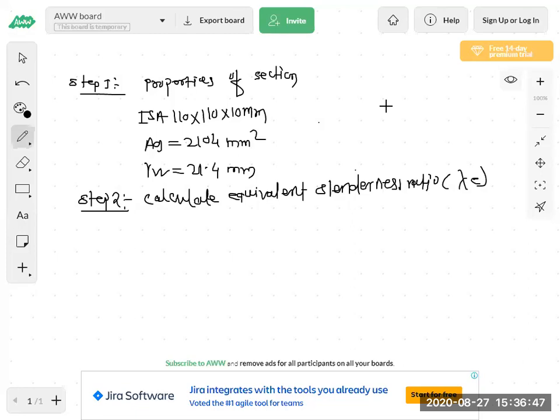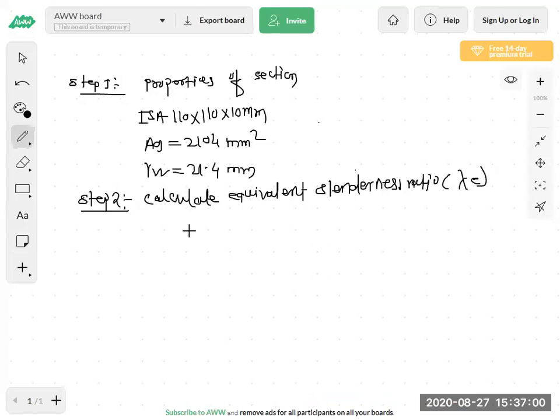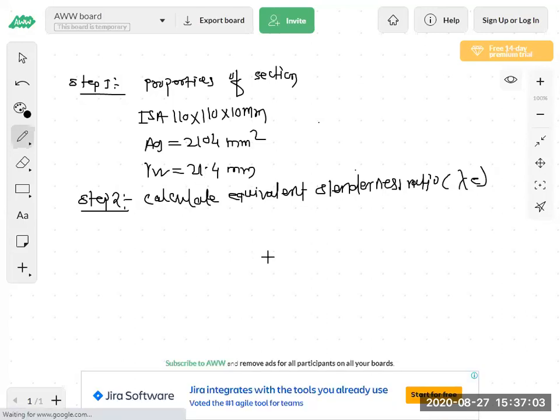110 by 110 by 10. Anyone can tell me this section is available on which page? Page number 4 and 5. Steel table by Birla, page number 4-5.